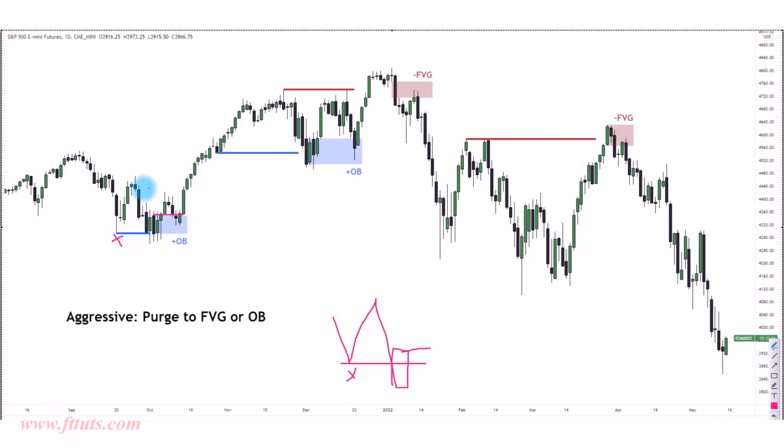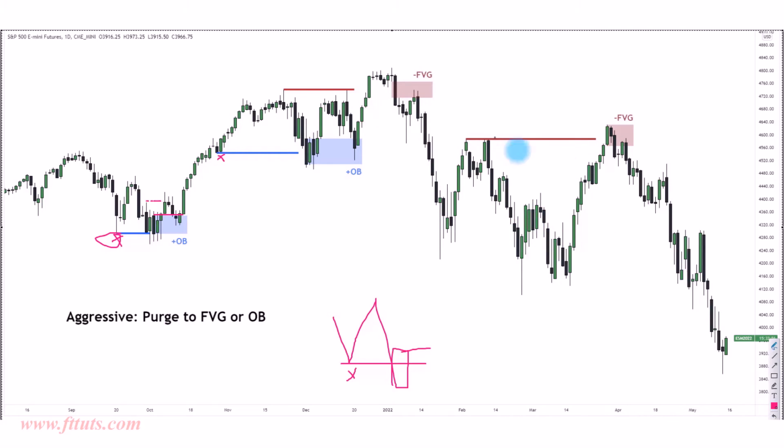There was no break in market structure here, actually a short-term high, but the point is aggressive is going for the purge straight to an order block, or purge straight to a fair value gap. Like this one here, purge straight to the order block.